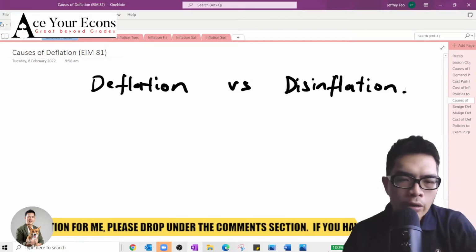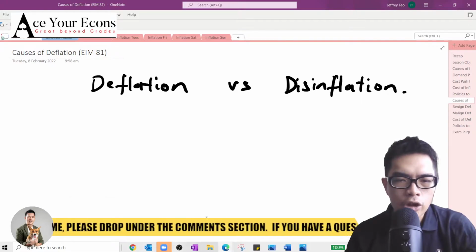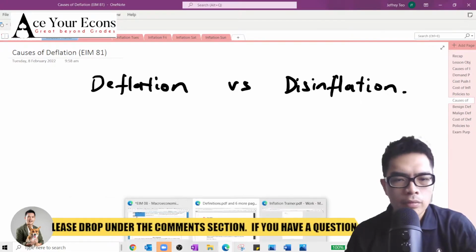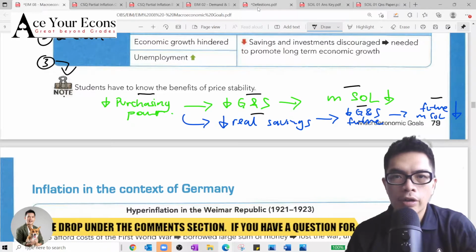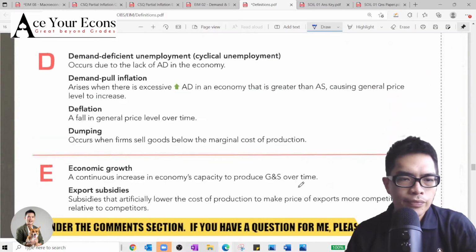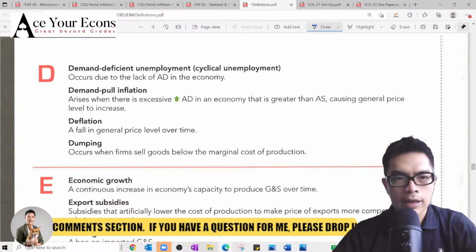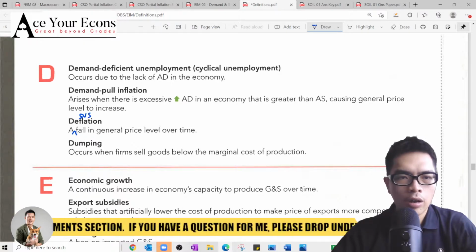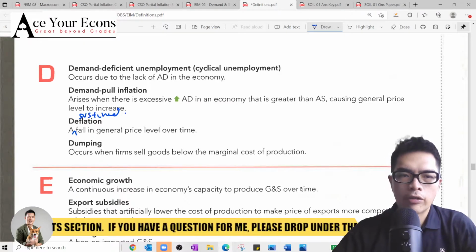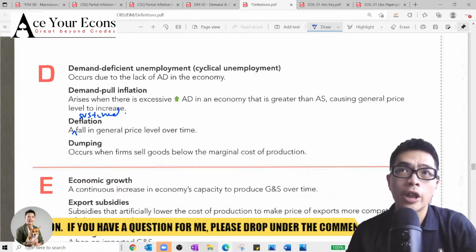If you want to find out where deflation is in the book, you can refer to the definition page here. Under definitions, go to D. You want to illustrate a sustained fall in your general price level. Please add this in. I'm so sorry, it should be a sustained or persistent fall in your general price level.